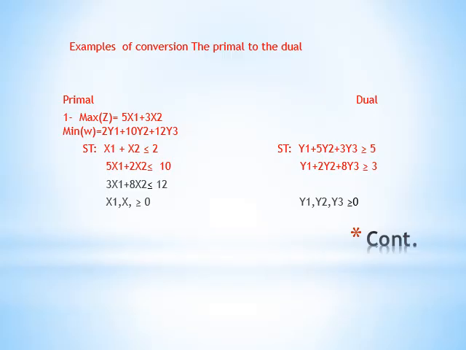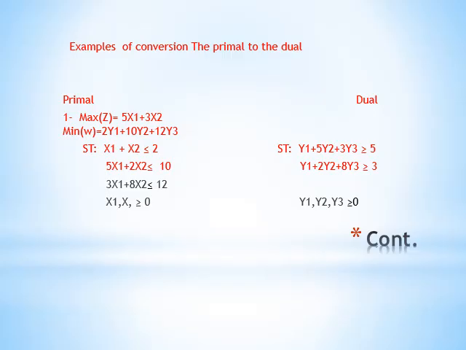The second row of the constraints of the dual will be y1 plus 2y2 plus 8y3. The first constraint is more or equal 5. What is 5? 5 is C1 in the primal. The second constraint is more or equal 3.